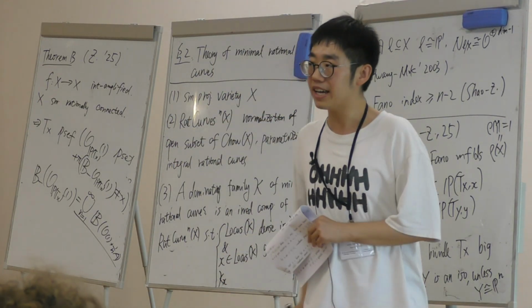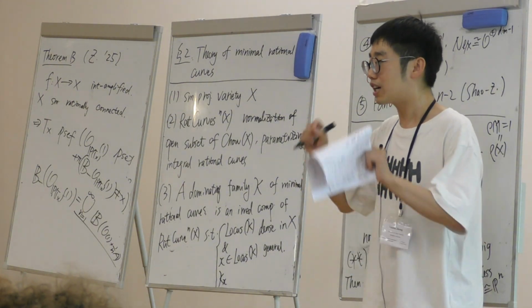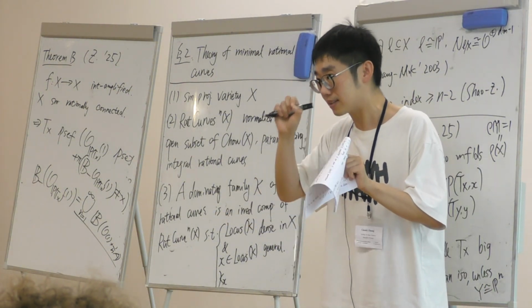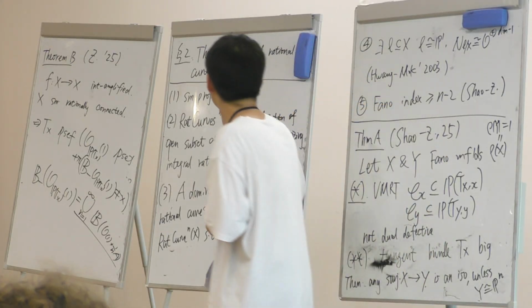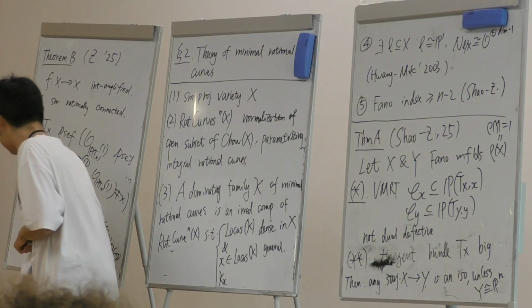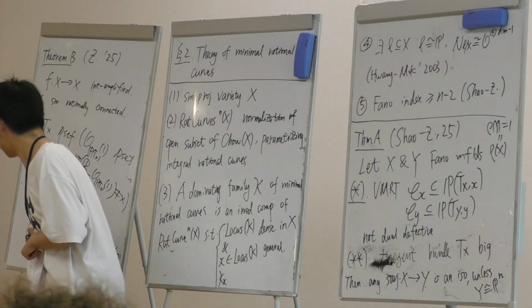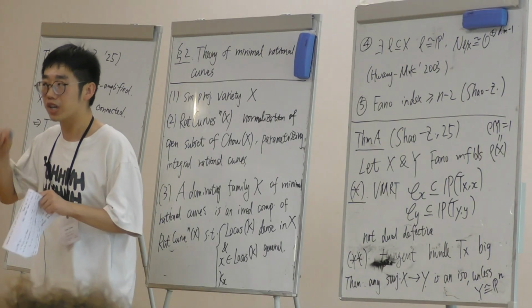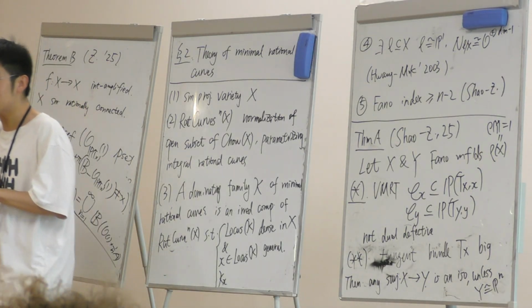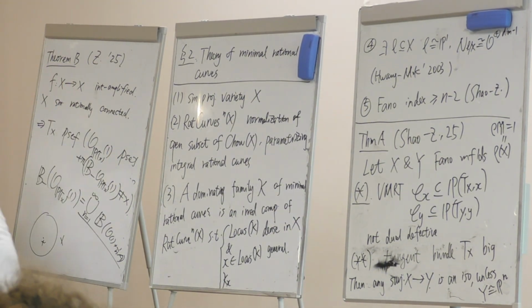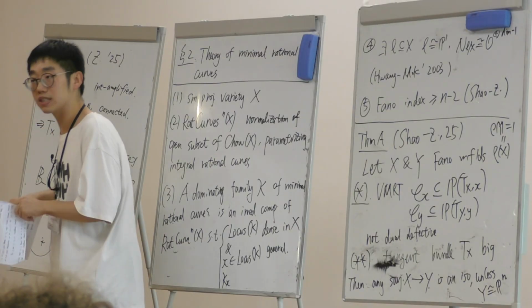So what's the meaning of Kx? Kx means we consider all the elements in K which pass through this point x. Let me draw a picture. So this is our X, and we pick a general point, small x. Then we collect all of the elements lying in the family K. This means there are several rational curves passing through this point.